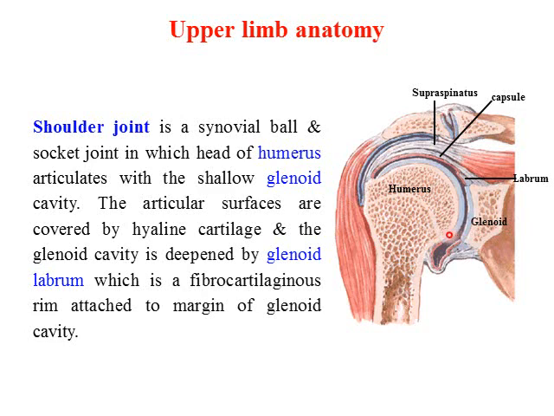The articular surfaces are covered by a layer of hyaline cartilage and the glenoid cavity is deepened by the presence of the glenoid labrum, which is a fibrocartilaginous rim attached to the margins of the glenoid cavity.